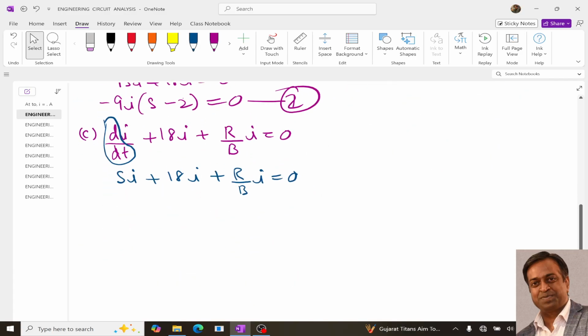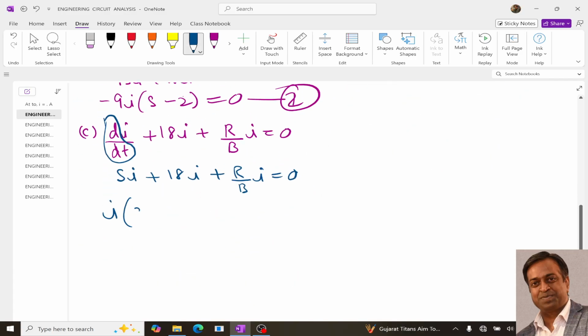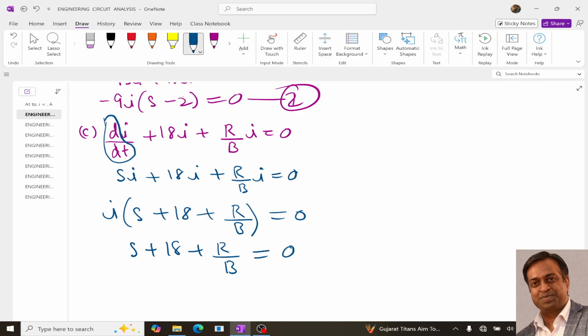And again taking this i as common, I will get s plus 18 plus r by b equal to 0. So this is the characteristic equation.